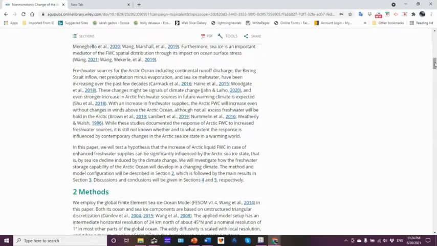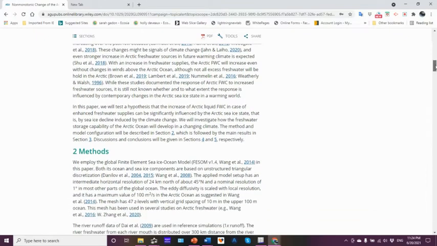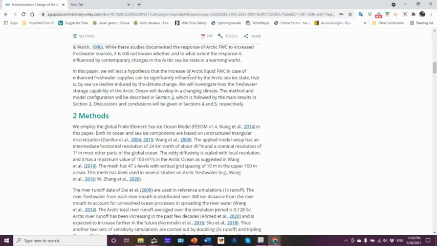So basically, they now state that they're going to test the hypothesis that the increase of the Arctic liquid freshwater content in case of enhanced freshwater supplies can be significantly influenced by the Arctic sea ice state. That is, by sea ice decline induced by the climate change. Sea ice is declining, that's adding freshwater content.